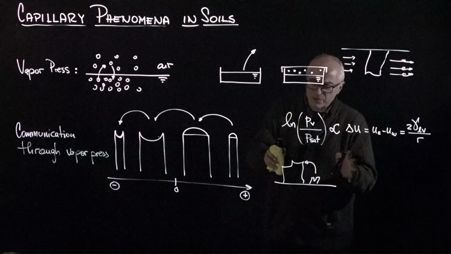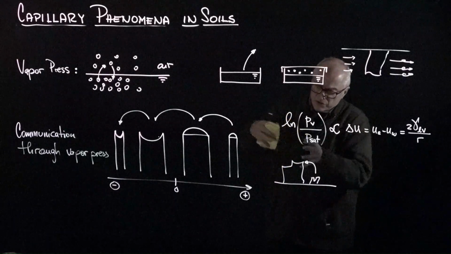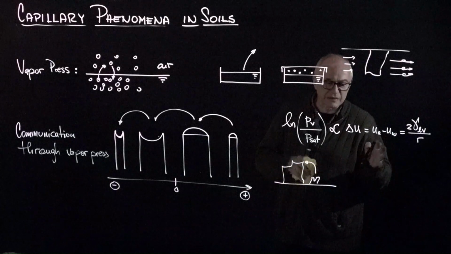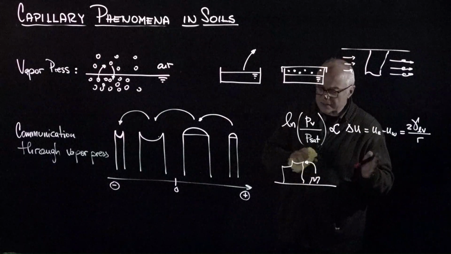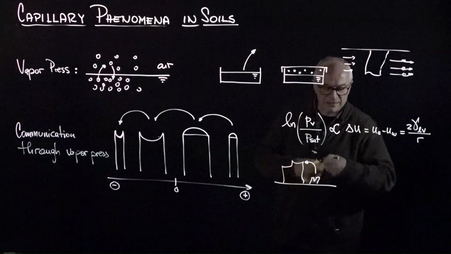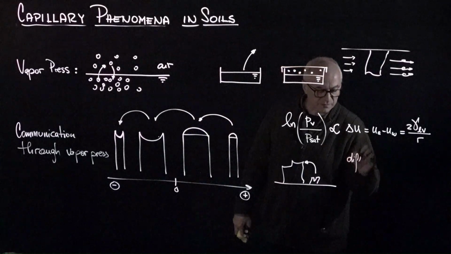So this happens with crystals, and crystallization tends to concentrate on large crystals. The same happens with the vapor pressure, and the communication is taking place the same as in crystals. This communication is taking place through diffusion.